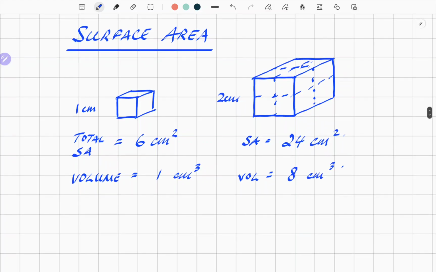Okay. Now, do you see the surface area to volume ratio? For the first one, actually, let me redo that. Surface area to volume ratio, 6 to 1. So that's just 6. And over here, you've got 24.